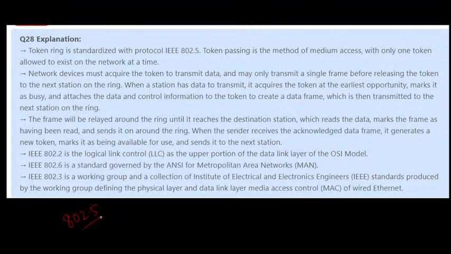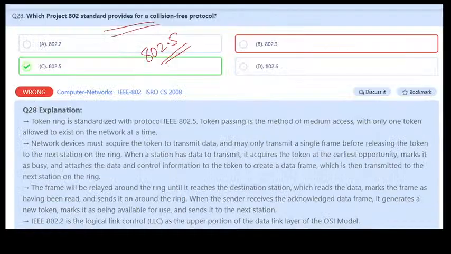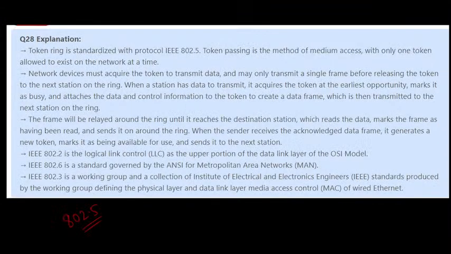This protocol allows only one token to exist on the network at a time, so that provides the collision-free protocol. And similarly 802.2 is logical link control, 802.6 is a metropolitan area network, and 802.3 is a working group of a collection of IEEE standards.